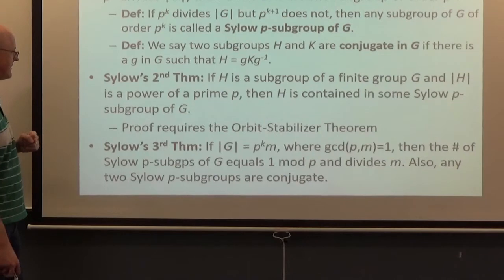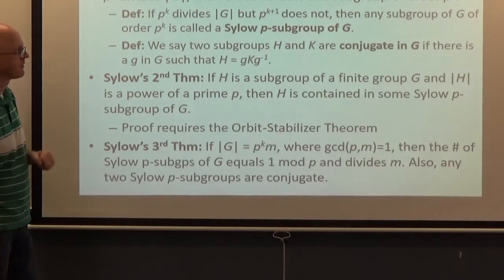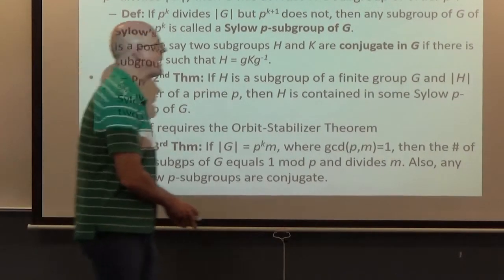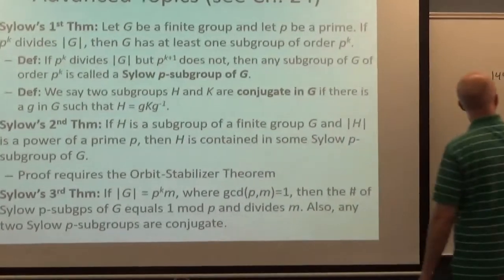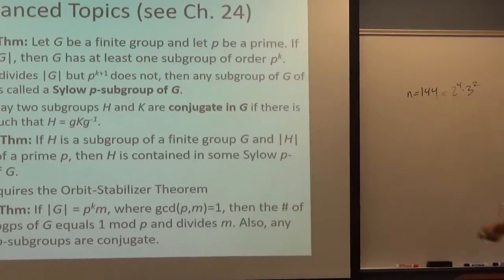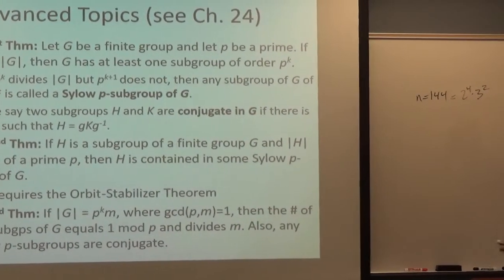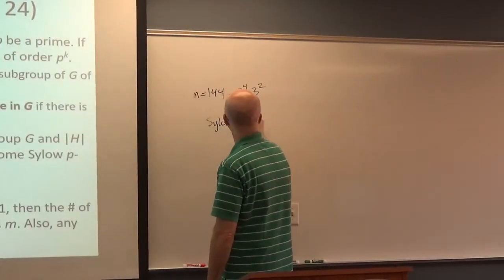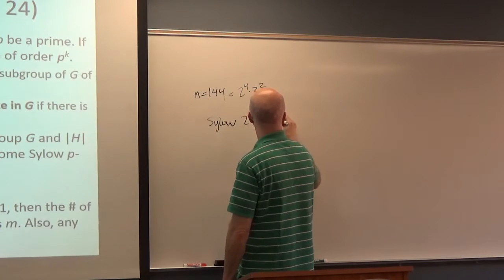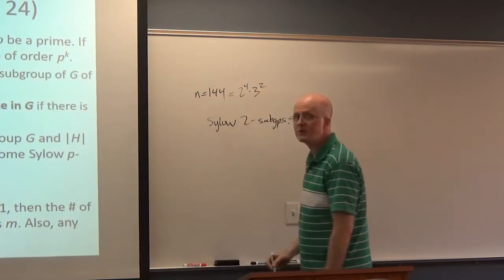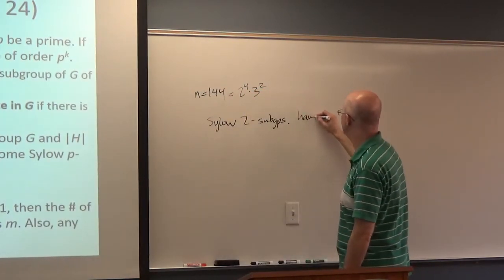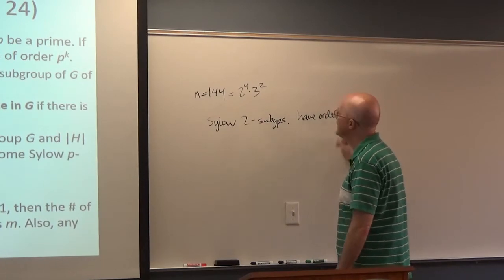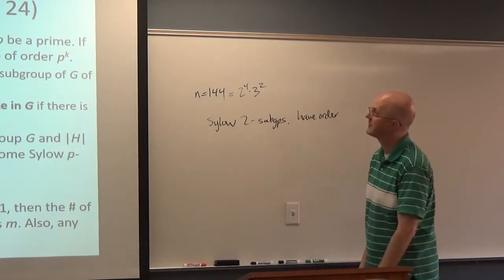I will briefly say what it means in the context of an example of a group of order 144. The prime factors of 144 are 2 and 3. So the possible kinds of Sylow p subgroups are Sylow 2 subgroups, which would have order not 2, but the highest power of 2 in the prime factorization.